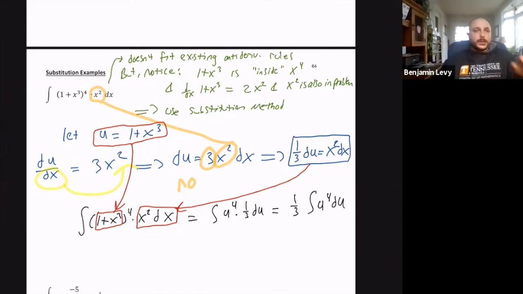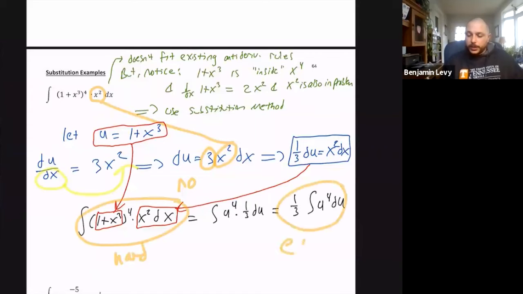But the whole goal is we started with something really complicated, but we identified it as a chain rule thing. And so we're trying to figure out the parts of the chain rule and make a substitution, right? It's called the substitution method, to make it easier to work with. This thing we started with is really hard. This thing that we transformed it into is really easy.